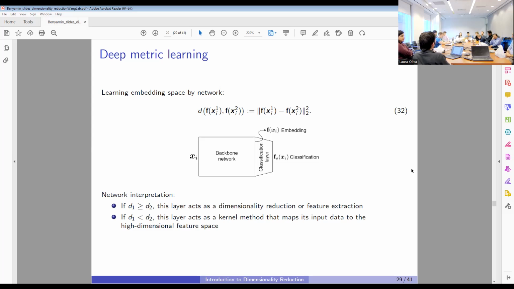Nystrom approximation says that I can approximate a positive semi-definite kernel or matrix by some of its rows and columns. It's symmetric, so you just take a subset of columns or rows. Why? Because when, for example, you have points A, B, C, if you know the distance of AB and you know the distance of AC, B and C can't be anywhere.